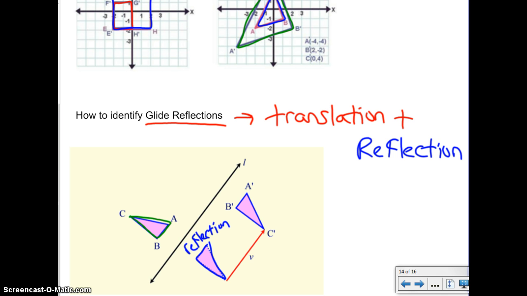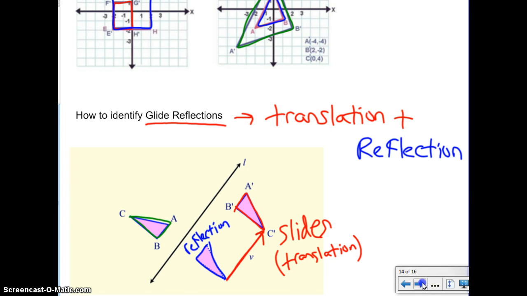But you see, it's not done. There's a second move where it slides. It doesn't rotate, it doesn't reflect, it doesn't get bigger or smaller. All it does is slide from one point to the other. And that is the translation part. So when you see anything that flips and slides, the special math word for it is a glide reflection.